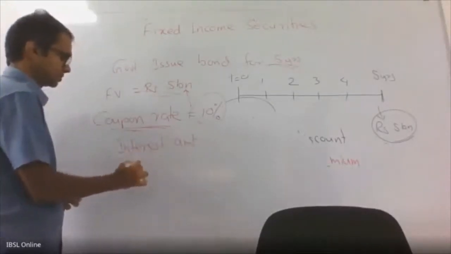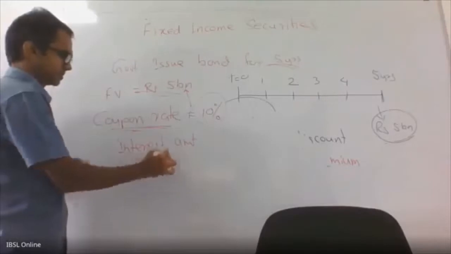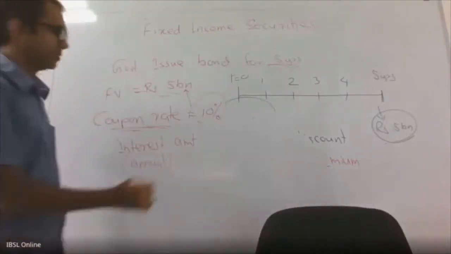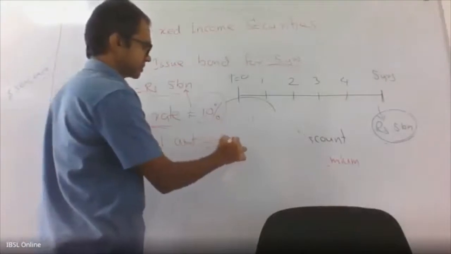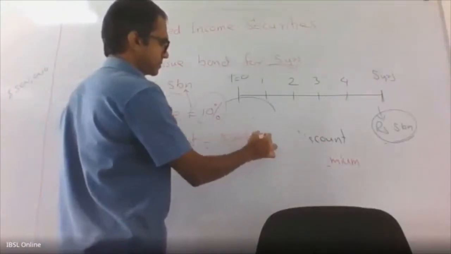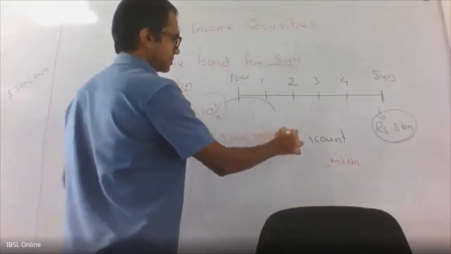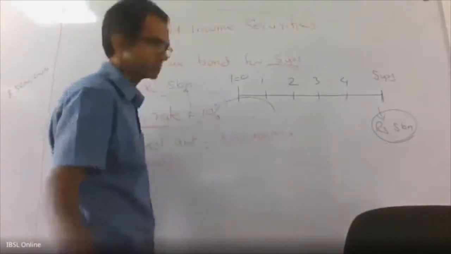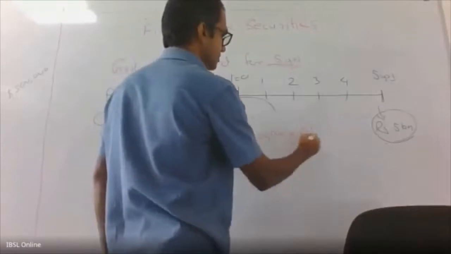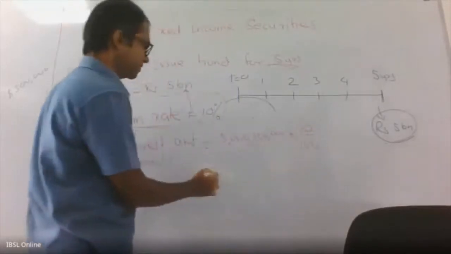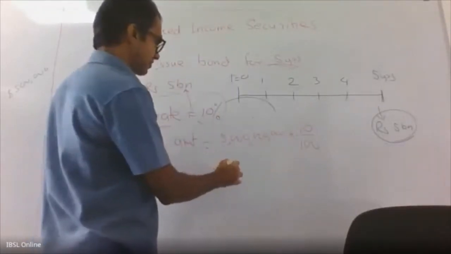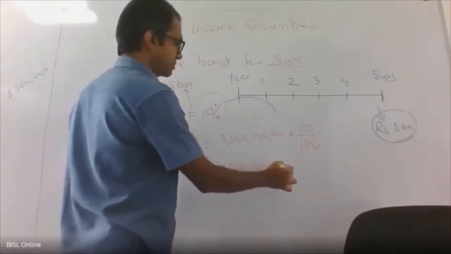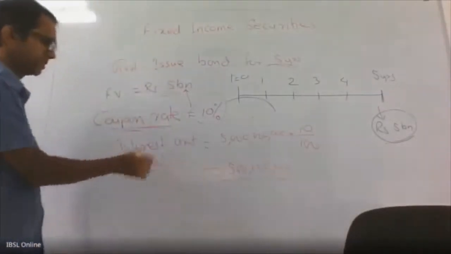Annual interest amount: 5 billion into 10%. Every year, government will pay 500 million as the interest.